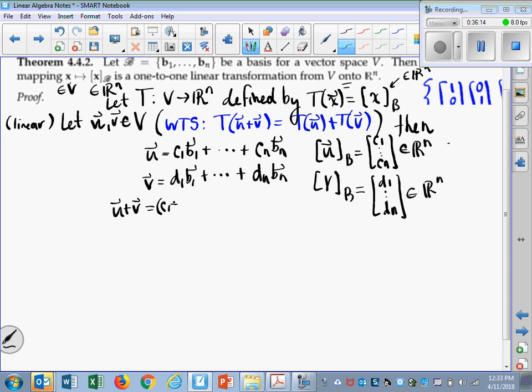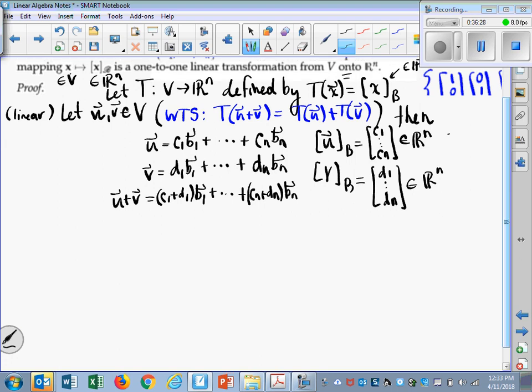Okay, so let's see if we can show additivity here. So T of u plus v. Well, that's the same thing as T of what we just found above, c1 plus d1 b1, all the way through cn plus dn bn.